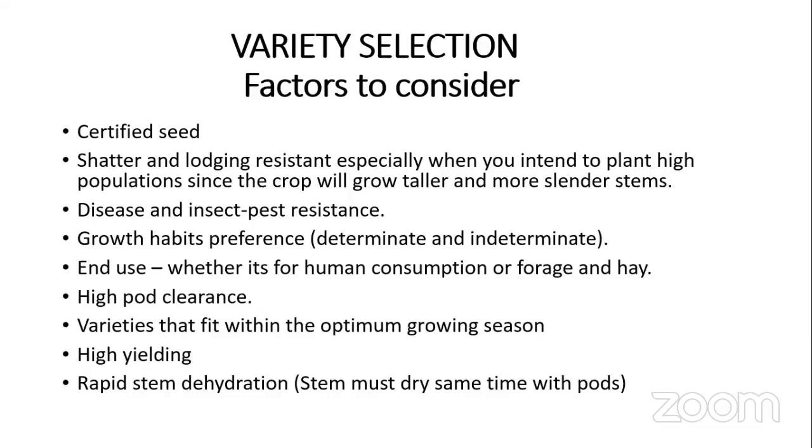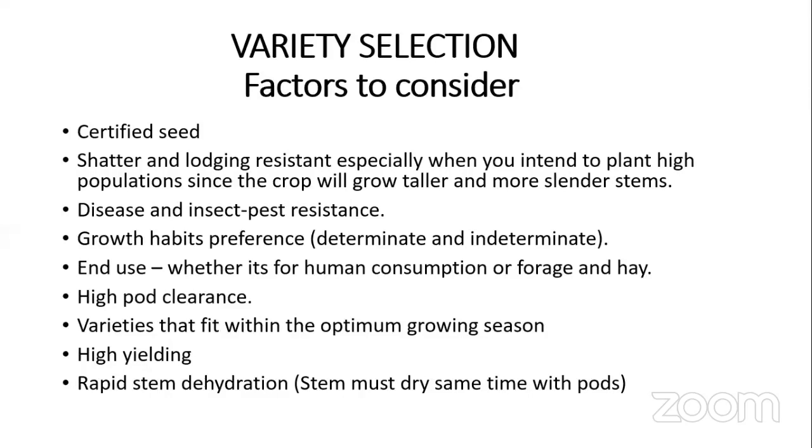So it depends on what you want to use the soybeans for at the end of the day. If it's for human consumption, then the most important part, the harvestable component, will be your seeds, and it's very important to go for varieties that will produce very good, bigger and larger seeds. But if it's for forage and hay, then you might focus on the vegetative traits of the variety, and also the herbage value that I highlighted earlier.